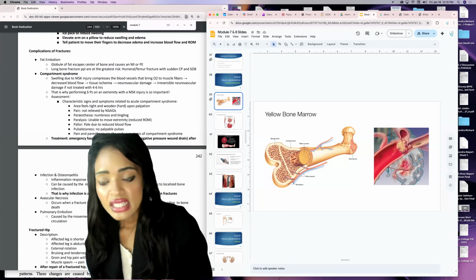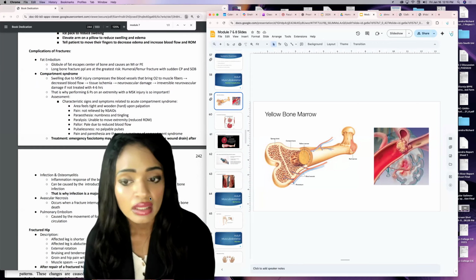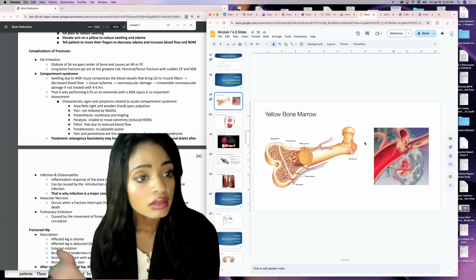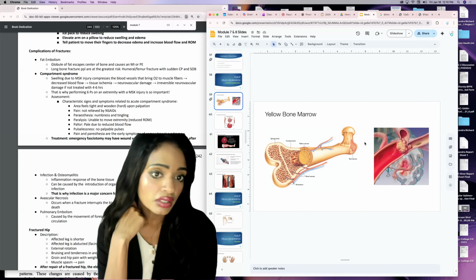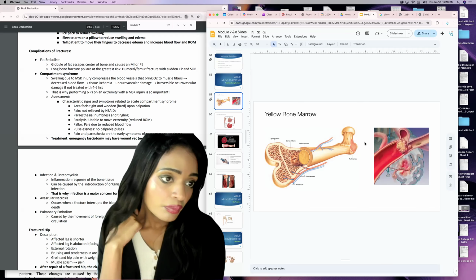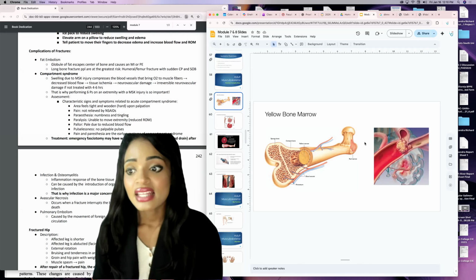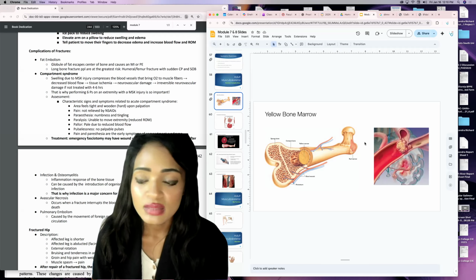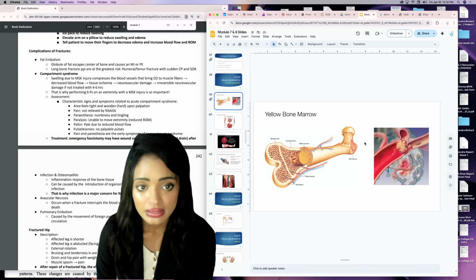When the long bones like the humerus, the arm bone, or the femur, the thigh bone, get broken, fat can escape and then get stuck or obstruct an area, and this can lead to heart attack or PE. If a patient with a long bone fracture develops sudden chest pain and shortness of breath, that is usually because of a fat embolism. Unfortunately, fat embolisms are highly fatal, and there's usually not much that can be done.